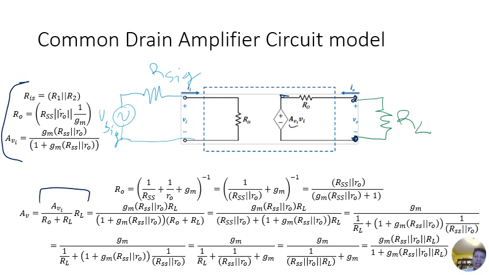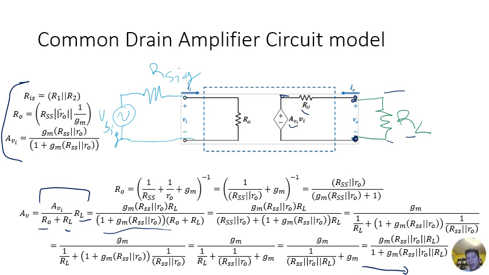So it's just AV divided by the sum of these two resistances times the resistance across the resistor. So that would be the voltage across that resistor. So I went through a lot of algebra to show you indeed that this gives you AV in the end. So this concludes actually our common drain.